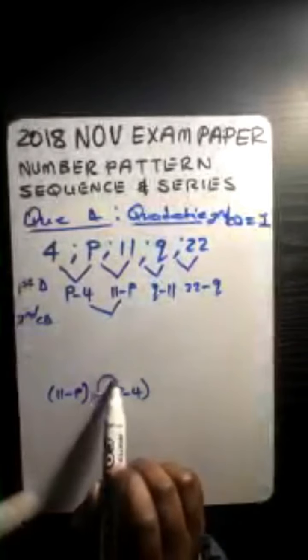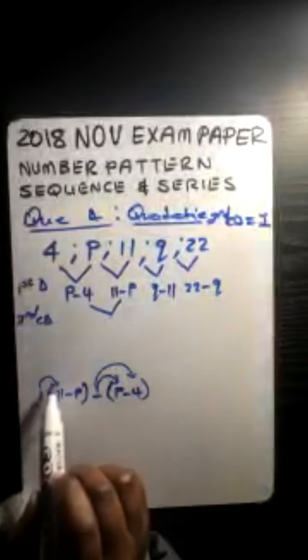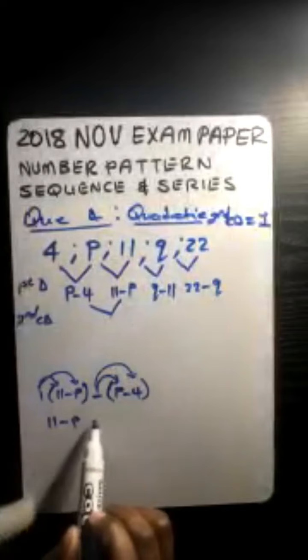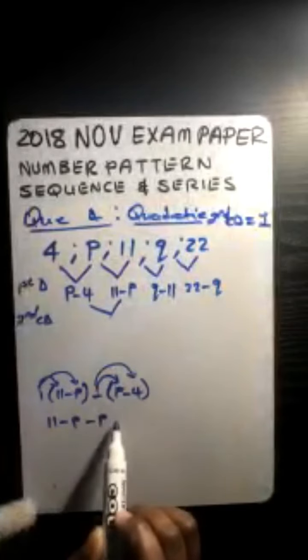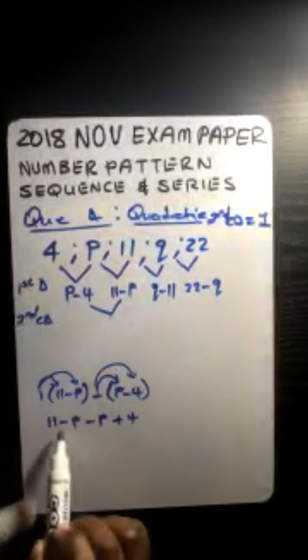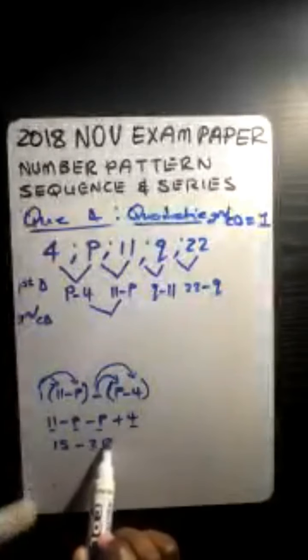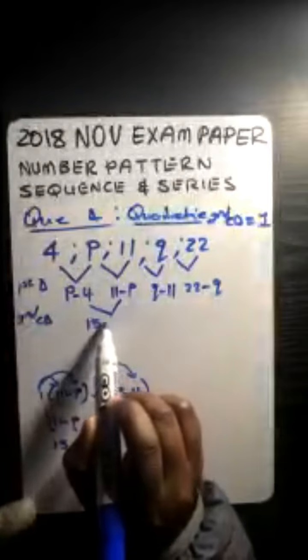There you have an invisible 1. When you multiply anything by 1, it is just that thing. So here it is negative p, then positive 4. What is this plus this? I think it's 15. This minus that, it's minus 2p. So you are just having 15 minus 2p.